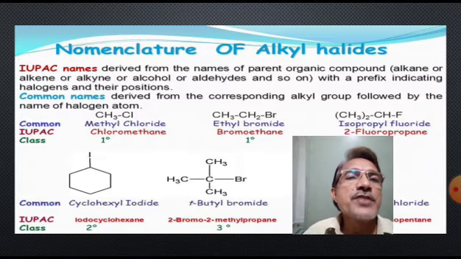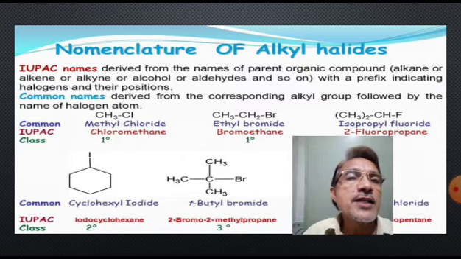Examples: CH3-Cl. Its common name is methyl chloride. Its IUPAC name is chloromethane. It belongs to primary alkyl halide. CH3-CH2-Br. Its common name is ethyl bromide.